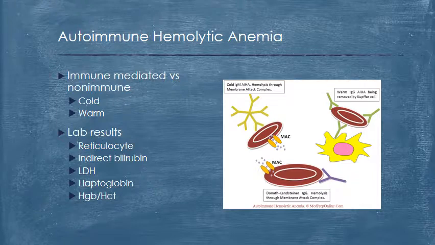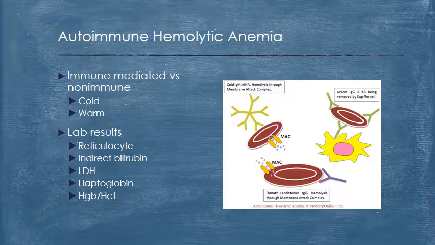Now, in some cases, you don't necessarily need a positive DAT. Remember, DAT is where we test for sensitized cells. So a person with autoimmune disease against a red cell antigen would have a positive DAT. However, that's not the only way to diagnose autoimmune hemolytic anemia.